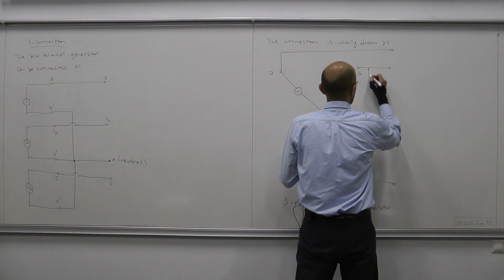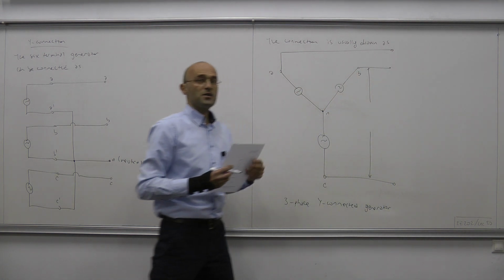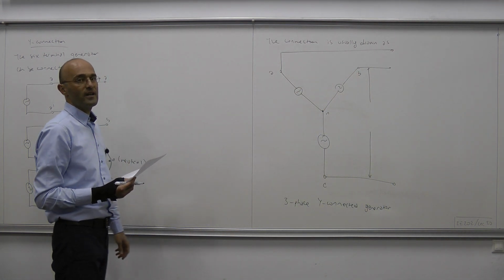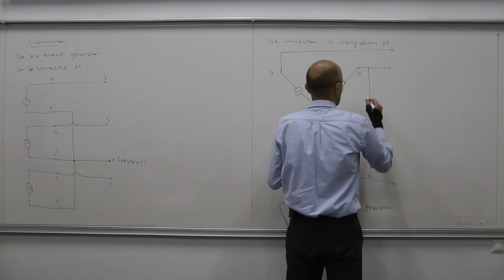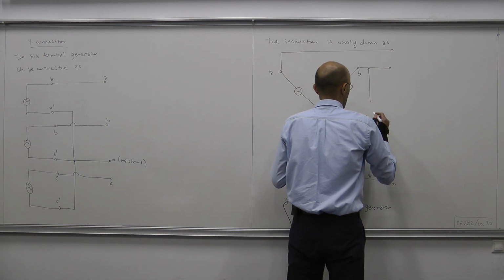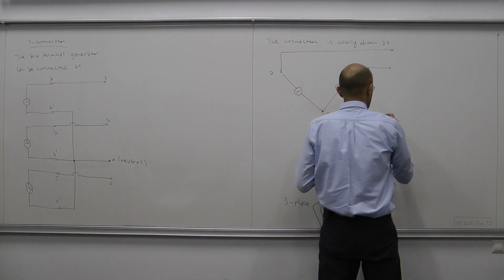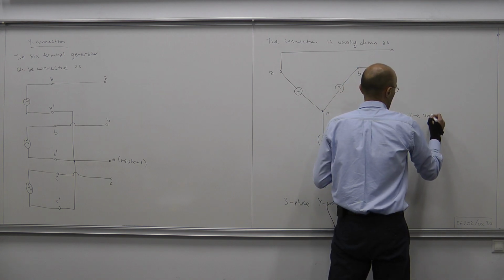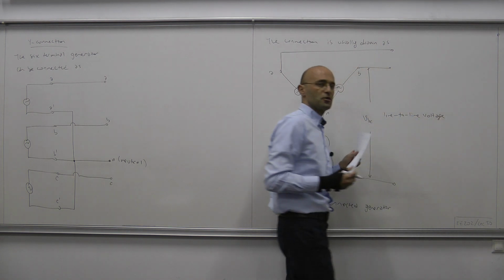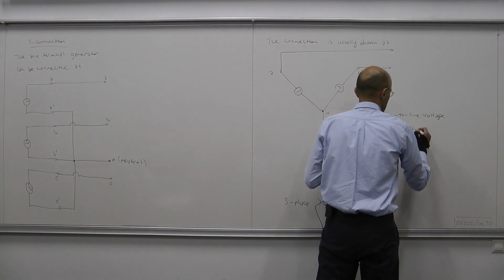This voltage drop between two lines is called the line-to-line voltage, or sometimes simply the line voltage. Okay, for instance, this is VBC in phasor domain. So this is called line-to-line voltage. Okay, or simply line voltage.